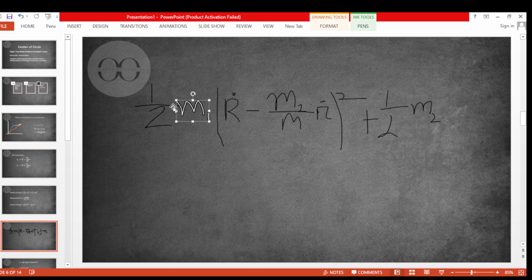Give me a little bit of time to move this part there, and this part here, and this part here, so that I can write my equation in one line.